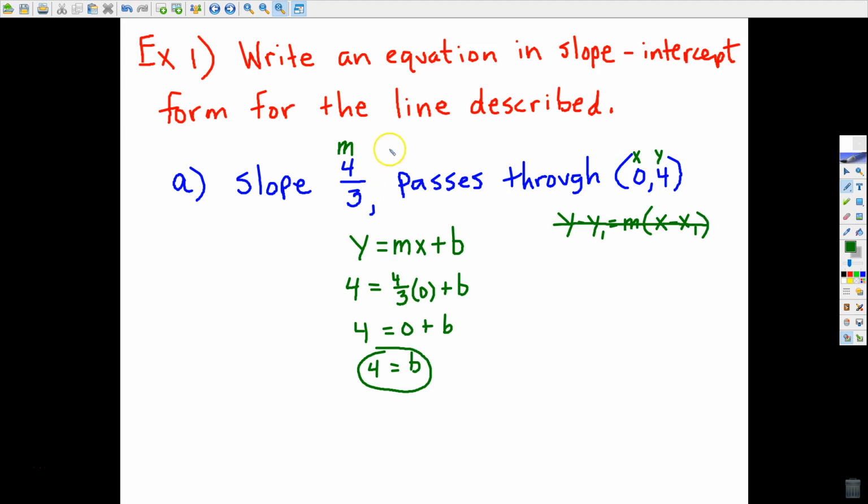So now we can write the equation, knowing the slope is 4/3 and knowing now that the y-intercept is 4. My final answer is y equals 4/3 x plus 4. And that would be it. Okay, and that's how we get that answer using slope-intercept form.